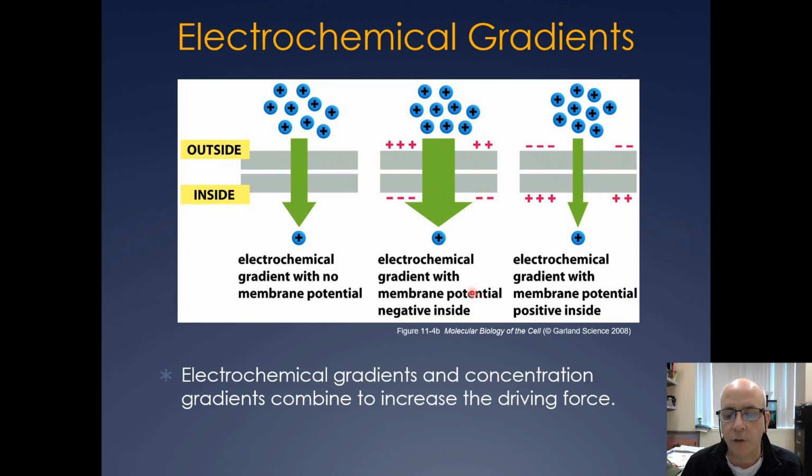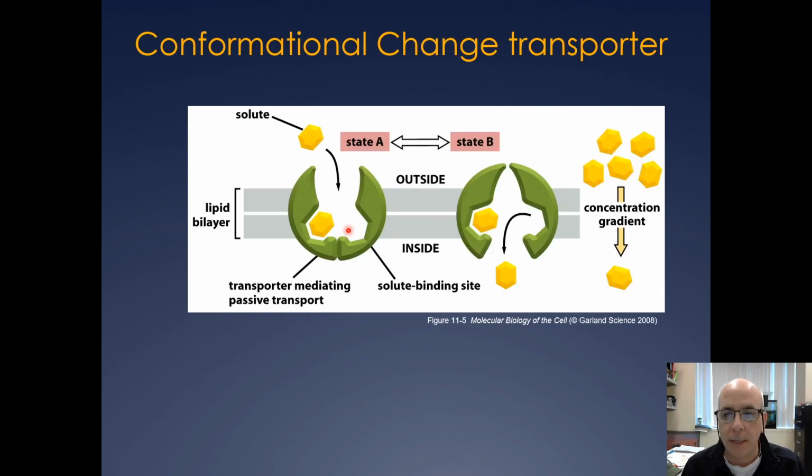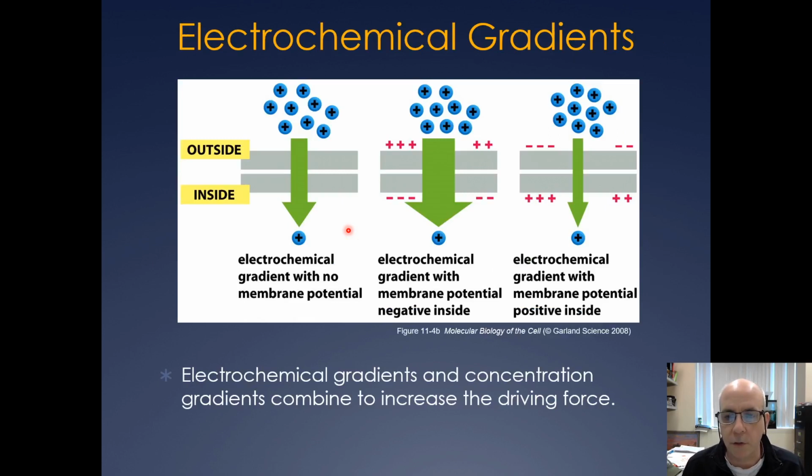The positive ion is going to want to come in to help neutralize the net negative charge on the inside. Whereas if you have an electrochemical gradient that's positive on the inside, that actually slows things down even more so than just one with no membrane potential. So not only is it the chemical concentration, but also the membrane potential that can influence how things cross the membrane and the driving force that's causing them to cross the membrane.